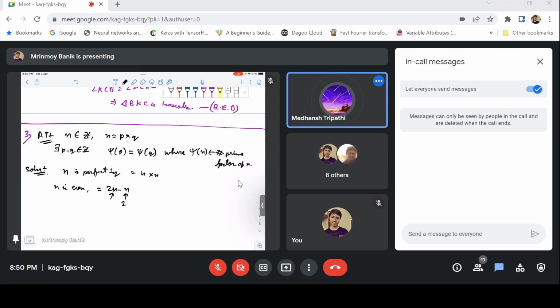Now what about n odd? When n is odd, we can just write it as pn minus p minus 1 times n, where p is the smallest prime which doesn't divide n.